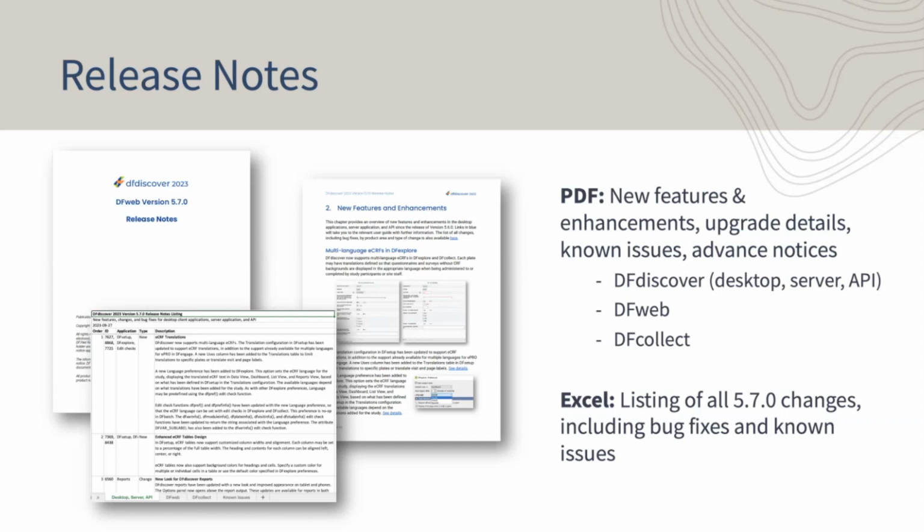The first one is for DFdiscover for the desktop server and API, and then 2 separate ones for DFweb and DFcollect each. The Excel listing, on the other hand, will have all changes to all of the products in one place. That includes bug fixes as well as known issues. The PDF doesn't go into detail around the bug fixes. Those are all available within the Excel file. We're hoping that format will give you the information in a more digestible way in the PDF, but also give you a really organized way of looking at all the changes through the Excel listing.